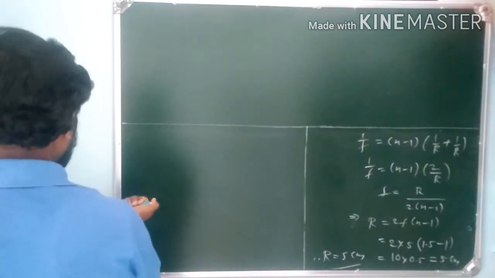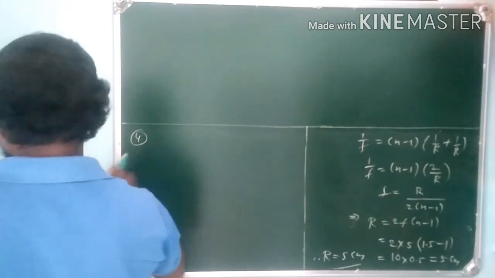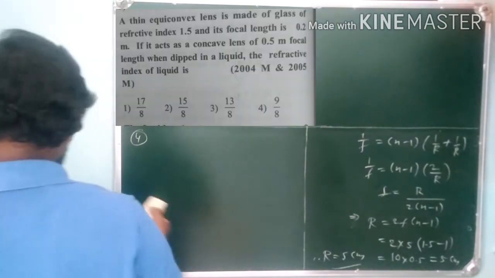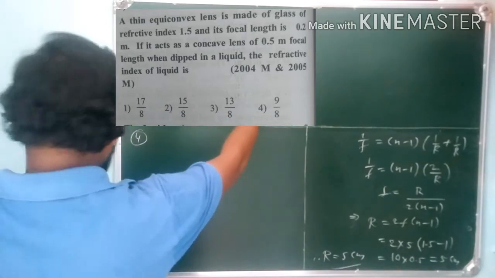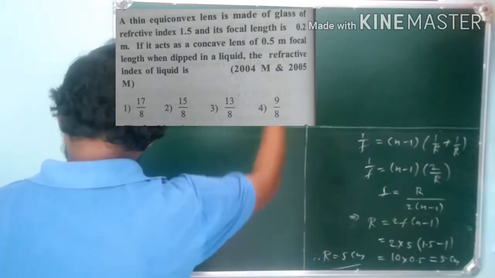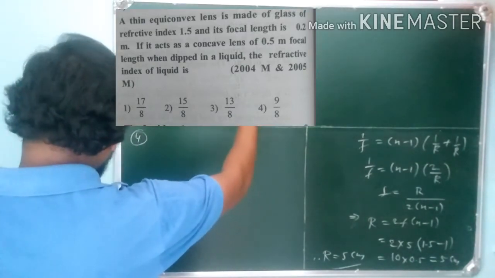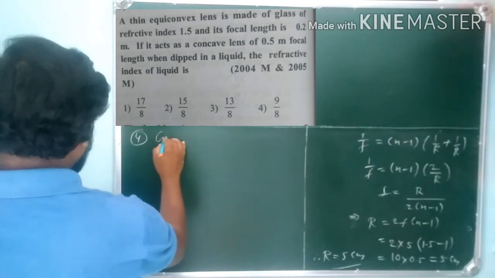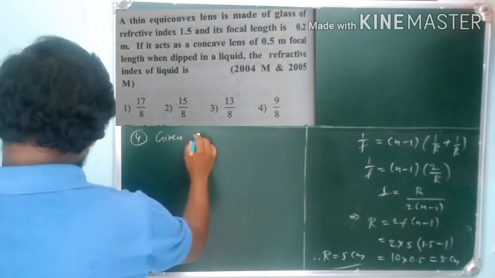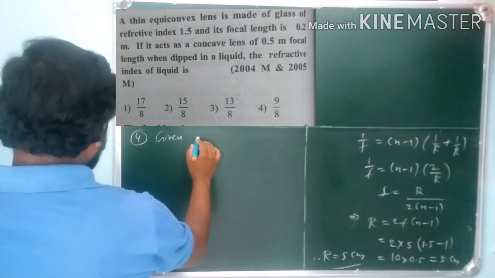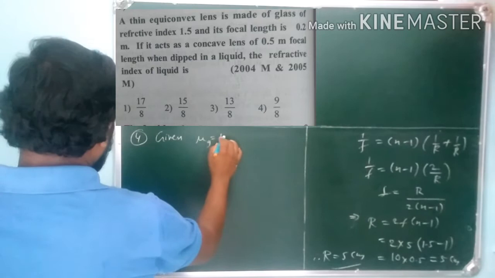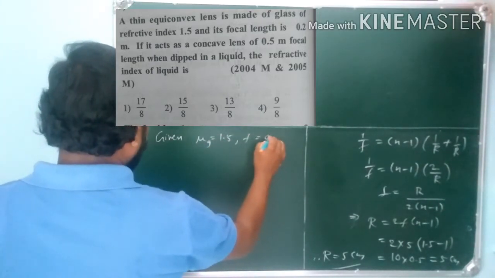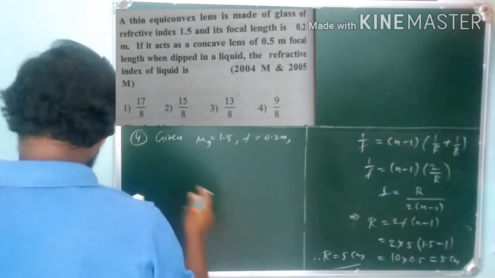And now next sum, the fourth one. The problem is like this: a thin convex lens is made of a glass of refractive index 1.5 and focal length is 0.2 meters. Here given, the refractive index mu of glass is 1.5, and focal length f is 0.2 meters.